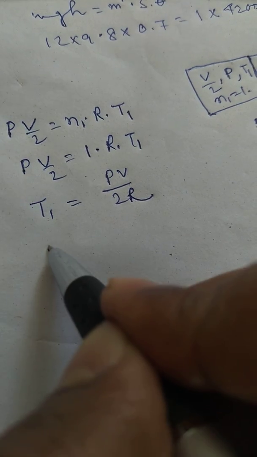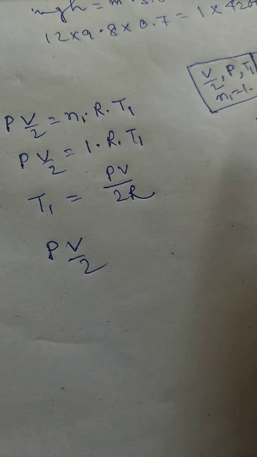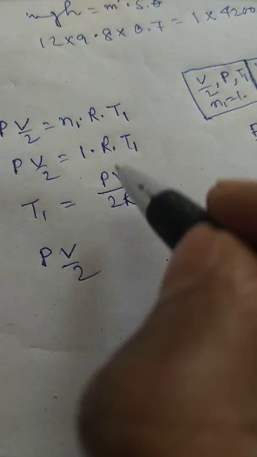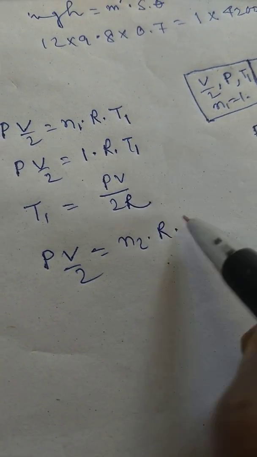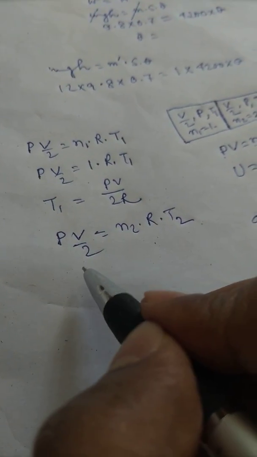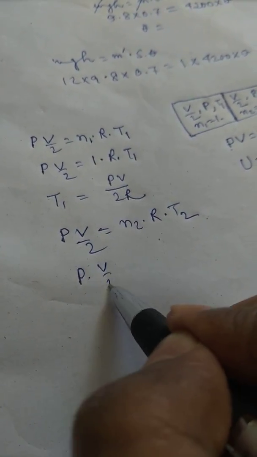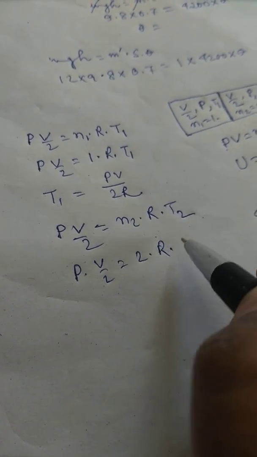Similarly, for the second part, that is this part, P V by 2 = n2 R T2, right? So PV by 2 = 2R T2.